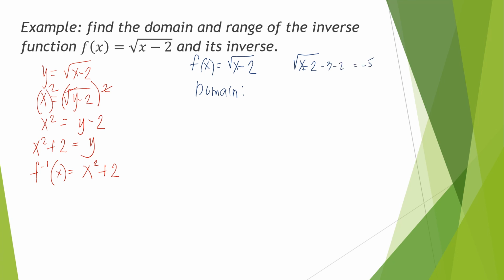Okay, yeah. Negative 2 minus 2 will become negative 4 also, so negative 2 is not allowed. Negative 1 also, and 0 is also not allowed. 1 is also not allowed, because 1 minus 2 is negative 1.